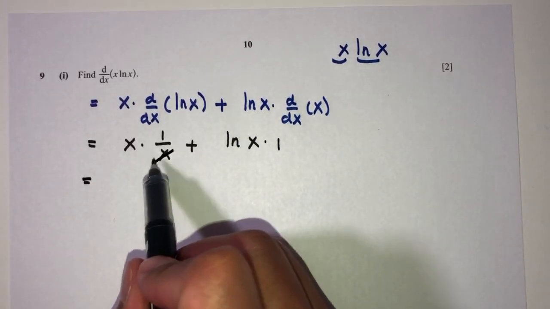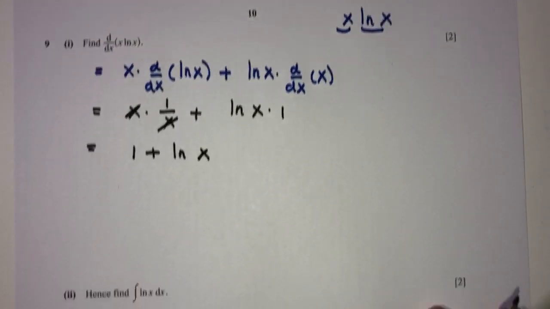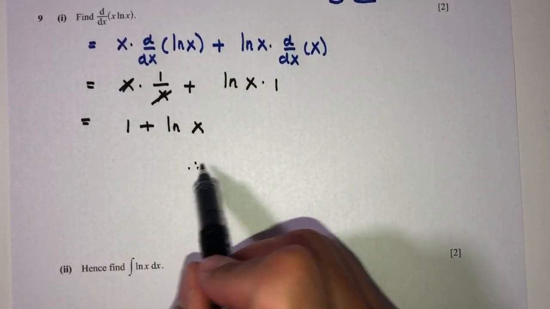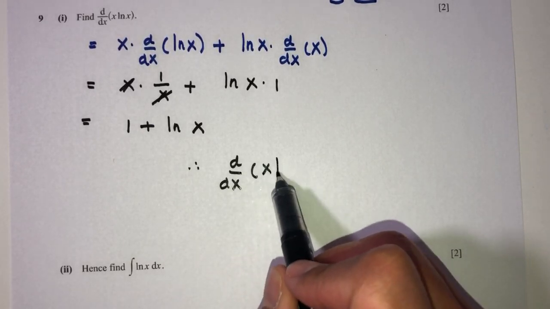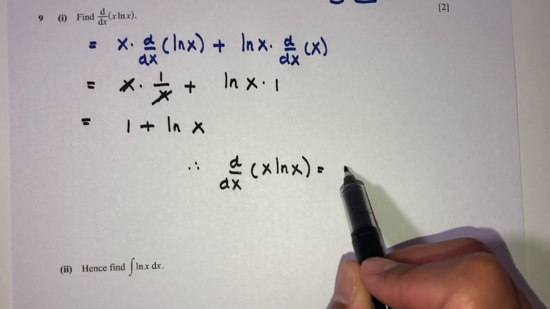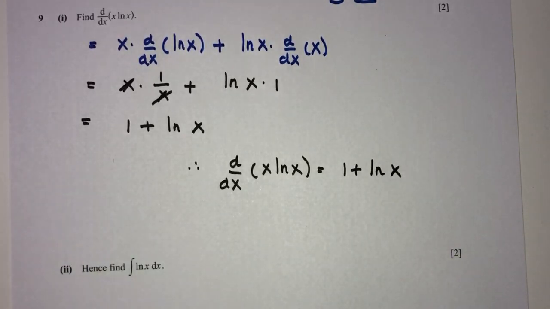So your answer will be 1 plus ln of x. So here, let's write this again, we have d by dx of x ln of x is equal to 1 plus ln of x. That is the first answer.